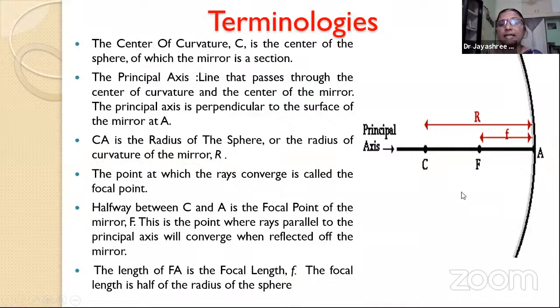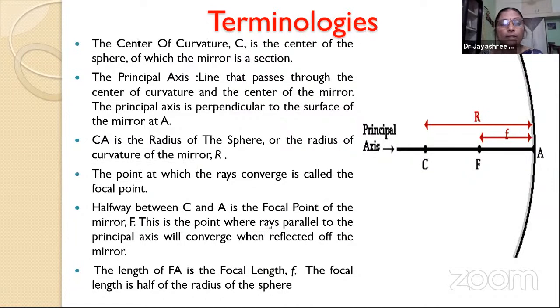See that particular center of the curvature, which is denoted by the symbol C, of the sphere of which the mirror is a section. What is the principal axis? These are certain very important terminologies while we consider the idea behind the principal axis.